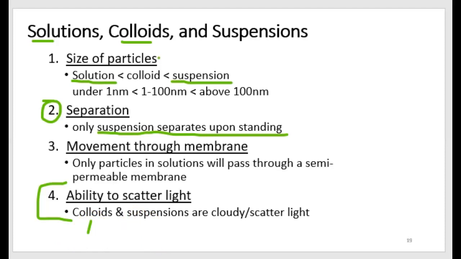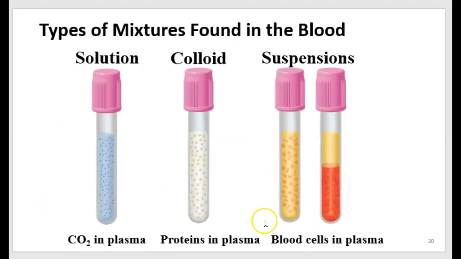So I'm going to give you tangible examples now. All three of these different types of mixtures are found in our blood. Our blood is made up of an aqueous fluid called plasma, in which there are various things suspended or dissolved. So, for example, we have gases in our plasma, like CO2.